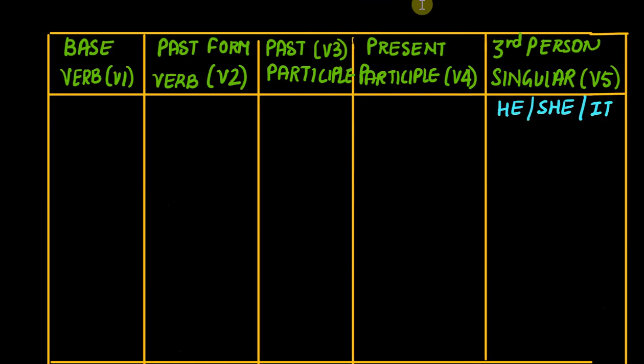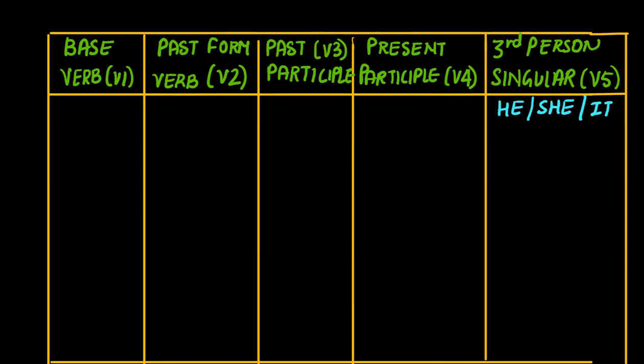Okay. So prepare this table neatly, and basically there are two types of verbs. First is regular verb and irregular verb. You can download the worksheet from the description link. Okay, I'm just telling you how you are supposed to solve this, and if you come across some irregular verb, you have to just write down IRR in front of that verb. Okay, I'll just show you how you have to do it.